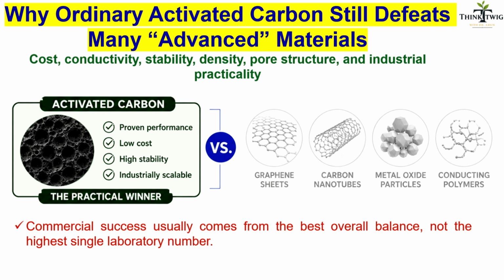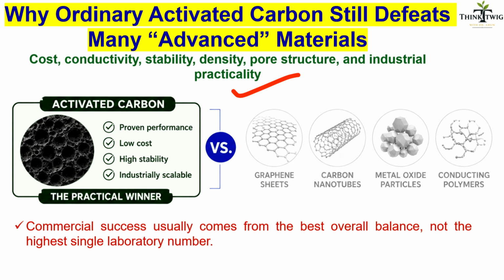The main idea of this video is shown here. When we compare electrode materials, capacitance is only one part of the story. A practical electrode must also have suitable conductivity. It should remain stable during repeated charging and discharging. It needs a useful pore structure. The electrode should have enough density so that we can store useful charge within a limited device volume, and the material should also be easy to produce.